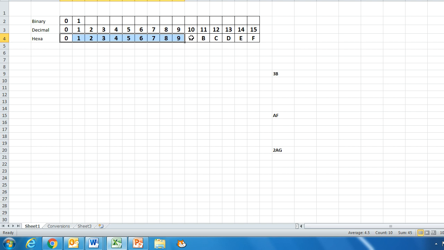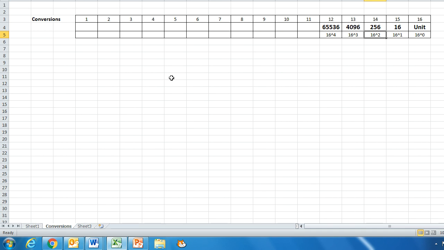And they correspond with decimal in the way that A will be equal to 10, B to 11, etc., up to F. Right, so let's go to conversions. And yes, the reason why I'm doing it in Excel is just to help me with the calculations.